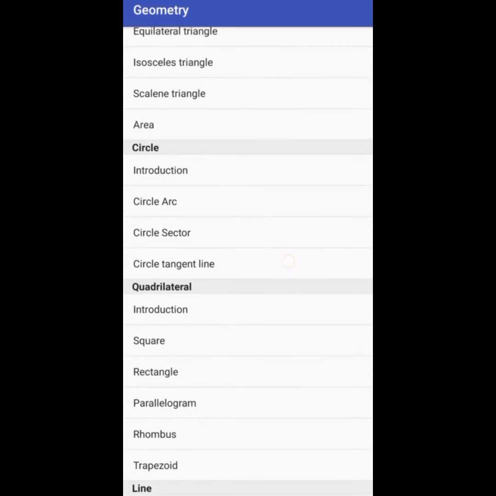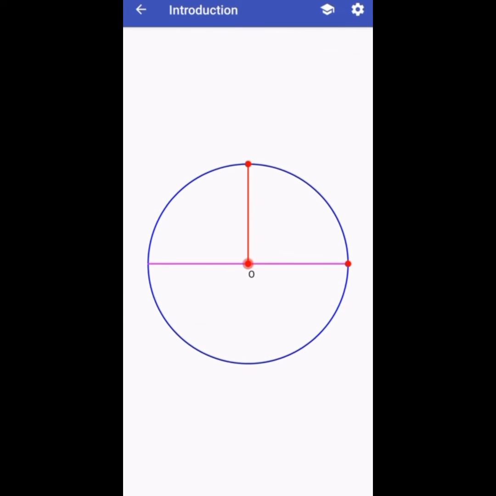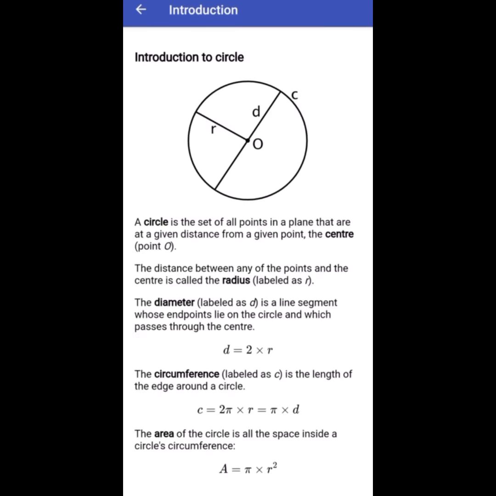Let's move on to the circle, starting with its introduction. A circle is a set of all points in a plane that are at a given distance from a given point. The center is point O. The distance between the points and the center is called the radius, labeled as R. The diameter, labeled as D, is a line segment whose endpoints lie on the circle and which passes through the center.